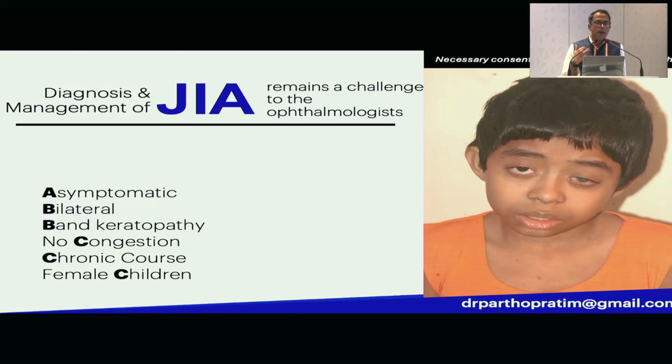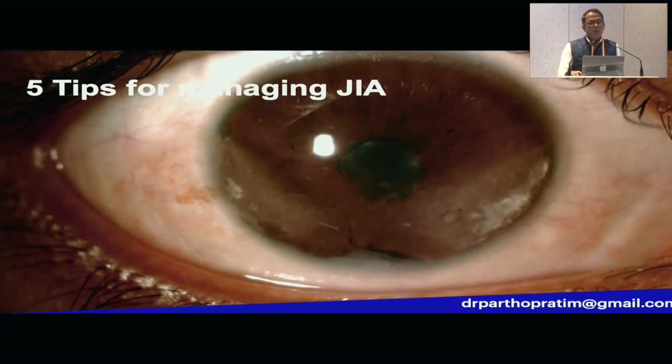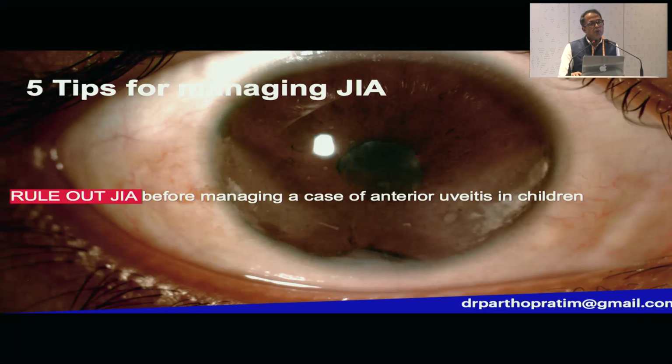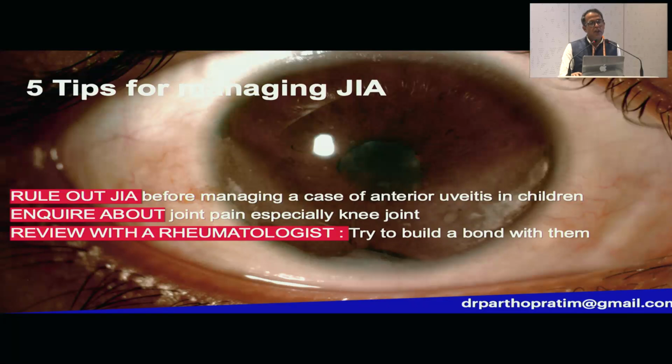So you have to be very, very careful in treating any anterior uveitis until you rule out JIA. Now, 5 tips for managing JIA. Always rule out JIA before managing any case of uveitis. Inquire about joint pain, especially the knee joint. Review with a rheumatologist, which is very important.